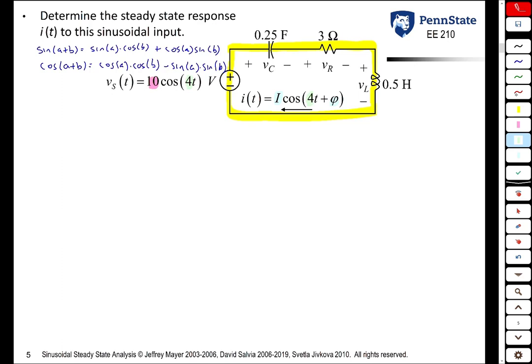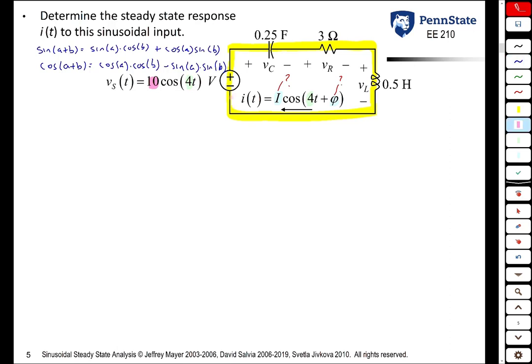So what we need to do to solve the circuit, we need to find out what the amplitude of that current is and what the phase angle is going to be. So once again, bear with me, this math is going to be really long and complicated, just a warning. So let's do KVL.